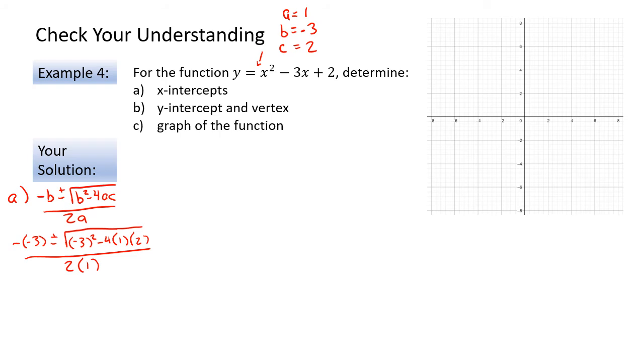Simplifying this, we get negative 3 times negative 3 is just 3. So we get 3 plus or minus the square root of negative 3 squared is 9. And 4 times 1 is 4 times 2 is 8. So 9 minus 8 divided by 2 times 1, which is 2. So what we end up here is 3 plus or minus the square root of just 1 divided by 2.